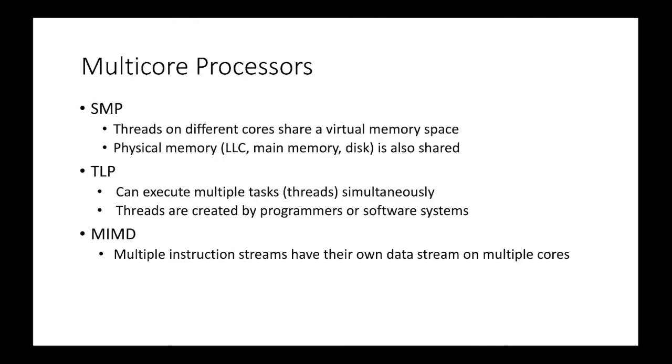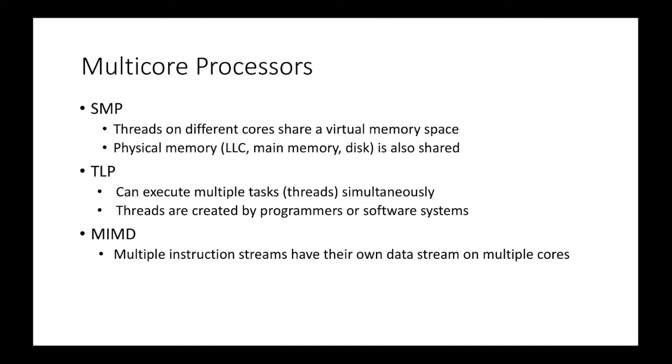Now let's talk about multi-core processors. As we discussed, multi-core processors are SMP type processors. The threads on different cores share a virtual memory space and physical memory: the last level cache, main memory, and disk are also shared. So it's a UMA architecture, Uniform Memory Access, and it targets TLP, task level parallelism.